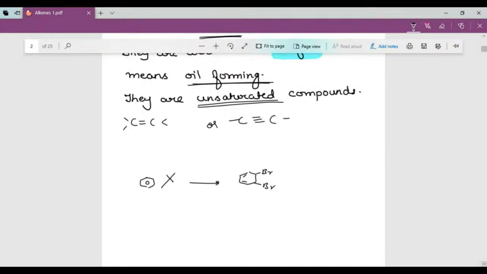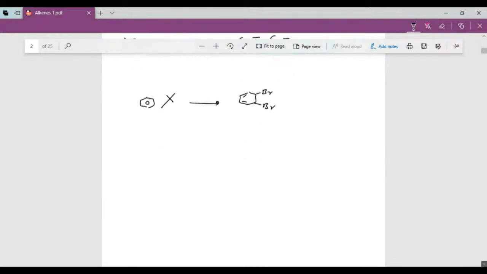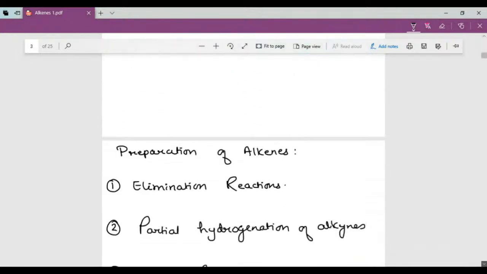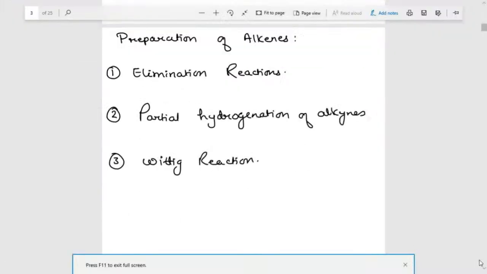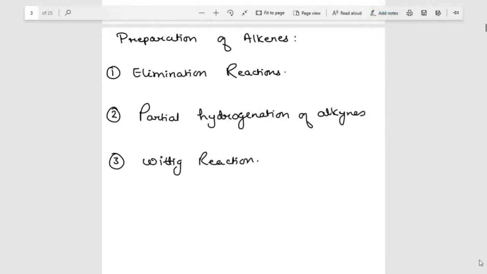Now, let us have a look at the methods of preparation of alkenes. If I classify very broadly, alkenes can be prepared mainly by three methods. A very broad classification, I would say.